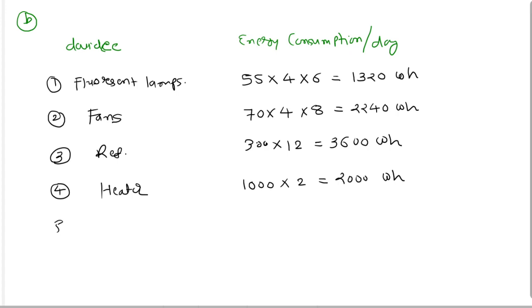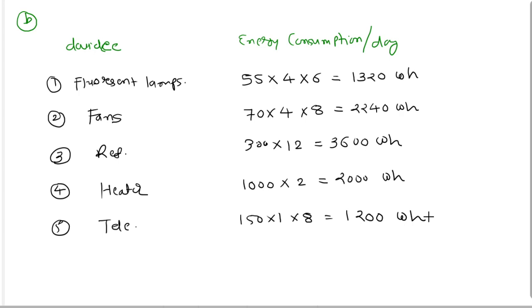Okay, and the last device, that is the television. It is 150 watt, total number is 1 and working hour is 8. So that energy consumption is 1200 watt hour.